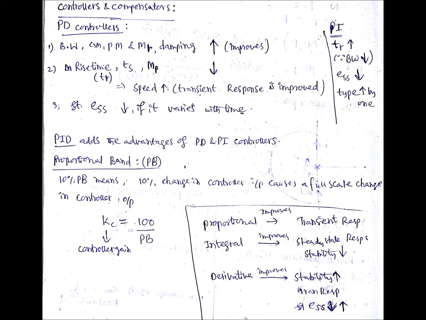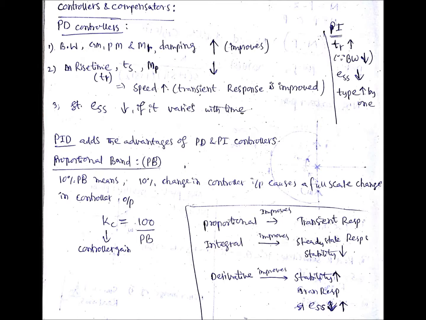Then there is one definition, you might get a question from this, mostly you may not, but let's see. That is proportional band. Suppose 10% proportional band means a 10% change in controller input is causing a full scale change in controller output. Are you getting?